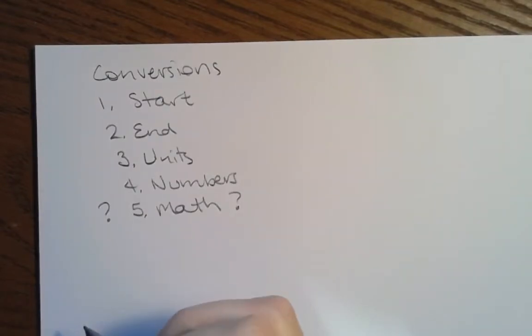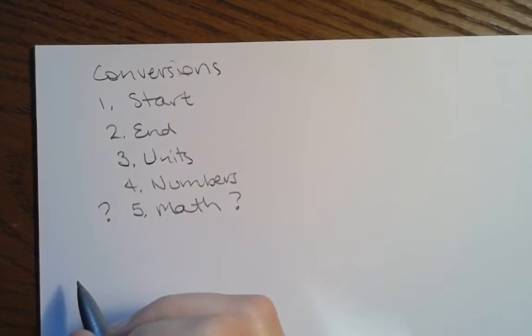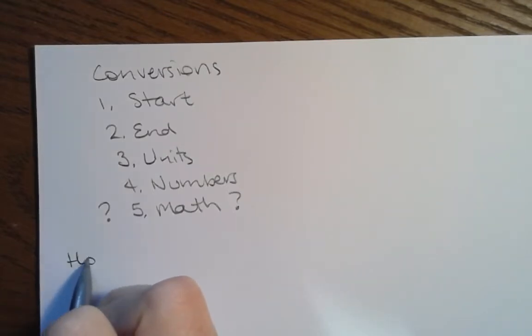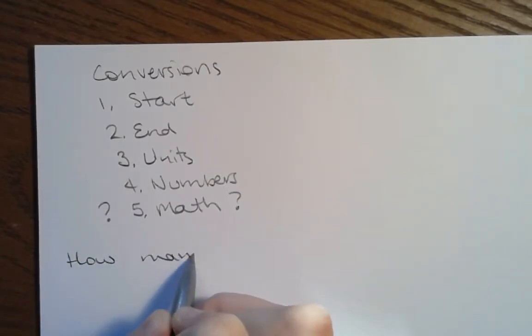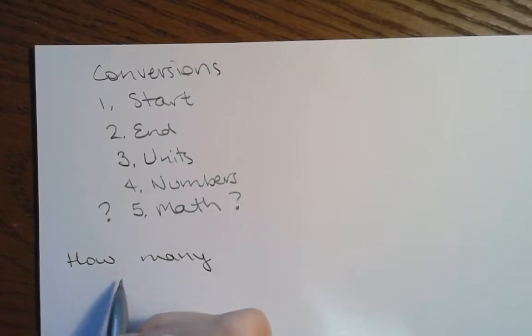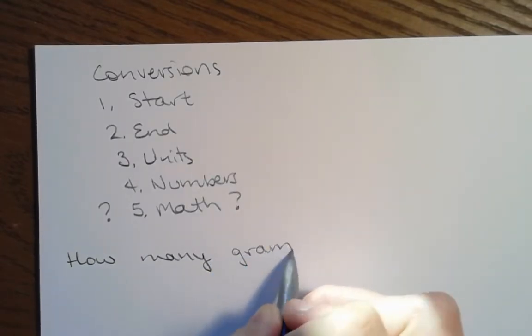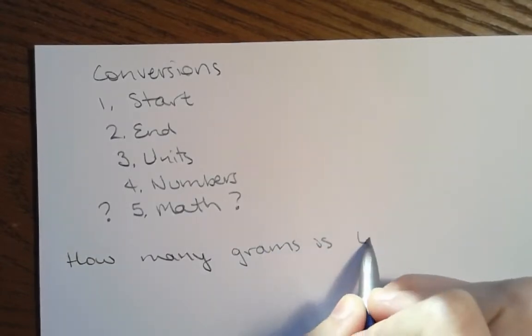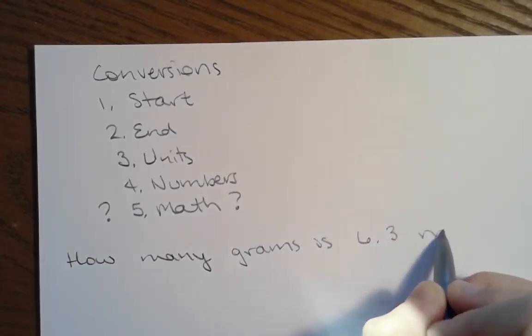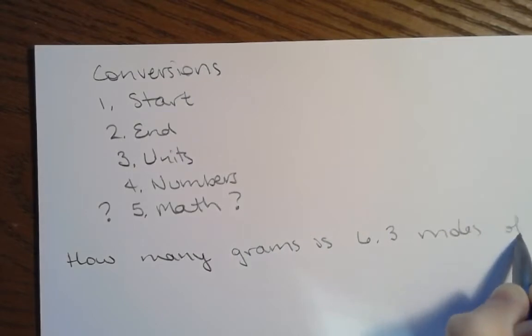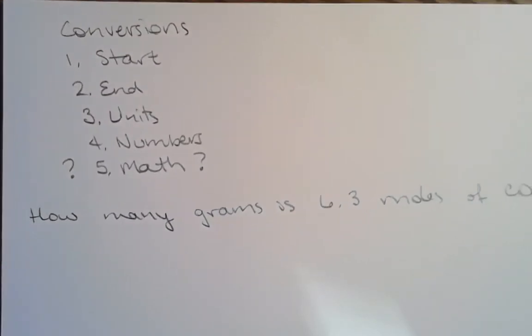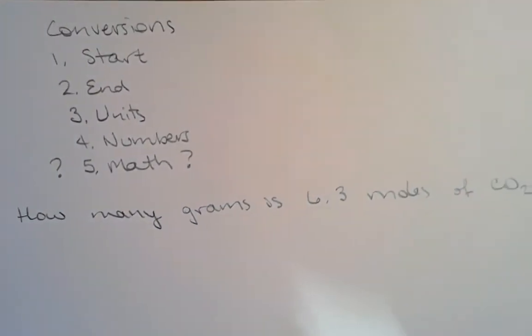So we'll do an example question of something like, how many? This is your keyword, this is what you're solving for. So how many, let's say, grams is 6.3 moles of carbon dioxide, because why not? This is a conversion question.